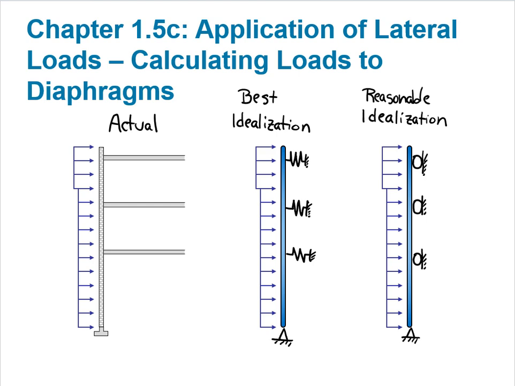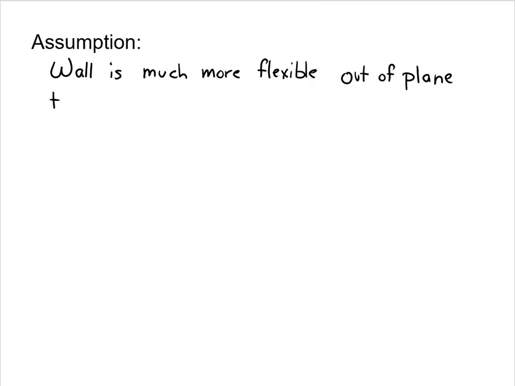So we typically consider the actual loading on the structure as acting on a vertical member with pin and roller supports. To be clear, the assumption we typically make is that the wall is much more flexible out of plane than the members that support it. That results in the idealized wall we just drew.